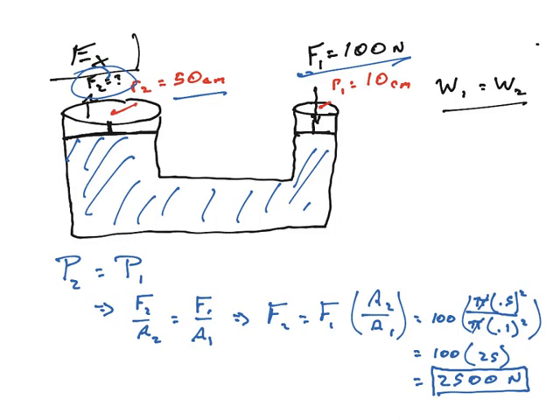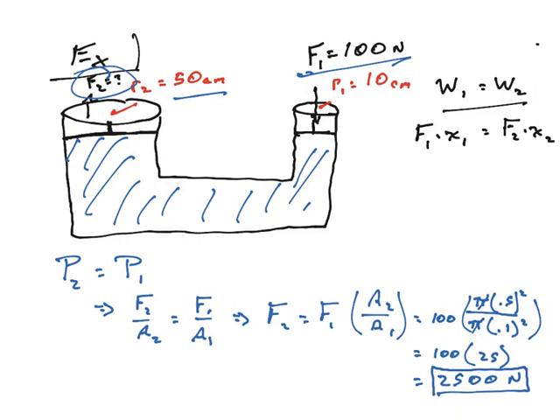But work is just force times distance, so it's F1 times x1 must be F2 times x2. So if F1 is small and F2 is big, in order for these equations to be true, x1 would have to be big and x2 would have to be small to balance.